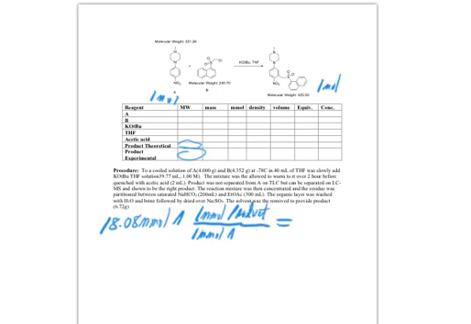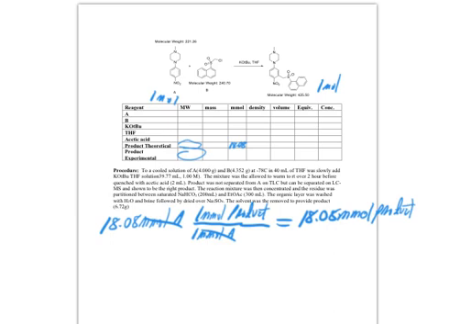So that's going to equal 18.08 millimoles of product. So again, for the number of millimoles of the product, the theoretical amount is 18.08, right? Because that's what I should get.